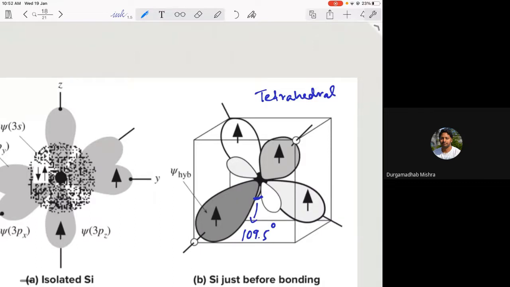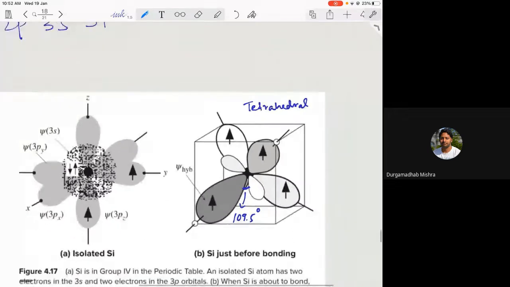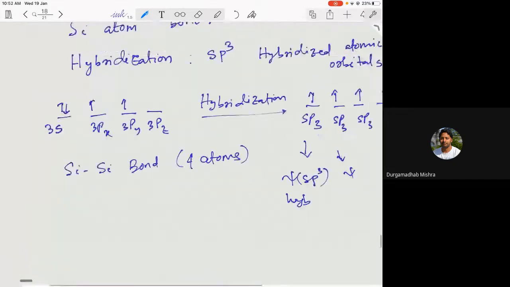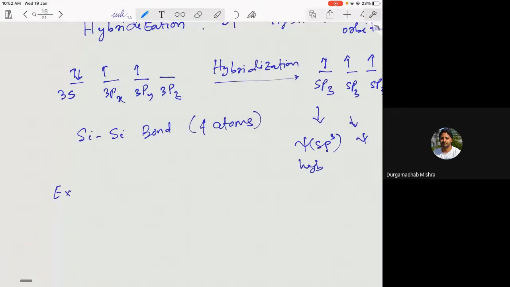Each orbital will have one electron. Since each orbital is half filled, it can now make a bond with another silicon atom, or another atom which has a half-filled orbital. An example is SiH4: the 1s orbital of hydrogen can also form a bond with silicon.